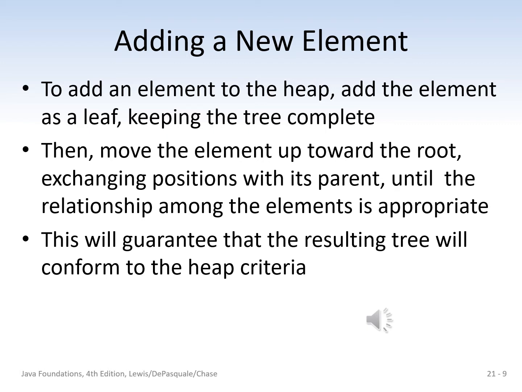However, then we must move the element up towards the root, exchanging positions with its parent until the relationship among the elements is appropriate. This guarantees the resulting tree, after all this is done, will conform to the heap criteria, i.e. min heap or max heap.